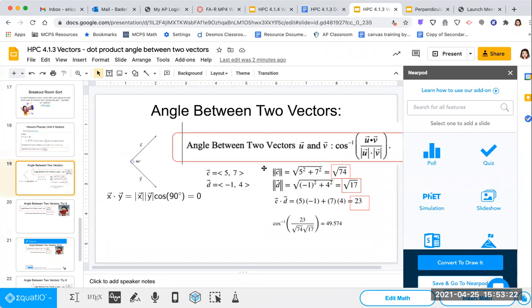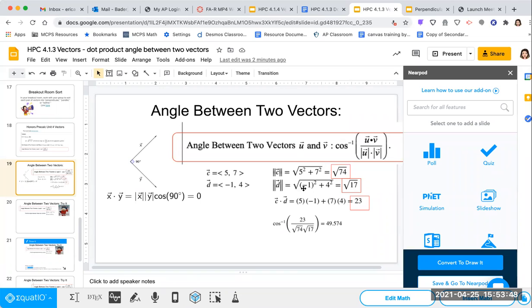So angle between two vectors. Let's say we have vector C is 5, 7, vector D is -1, 4. How would you find the angle? Well, you need to find both magnitudes and you need to find the dot product, and then you apply this formula to them. So magnitude of vector C, we learned how to do magnitude last week, right? Distance formula or Pythagorean theorem, so square root of 74.